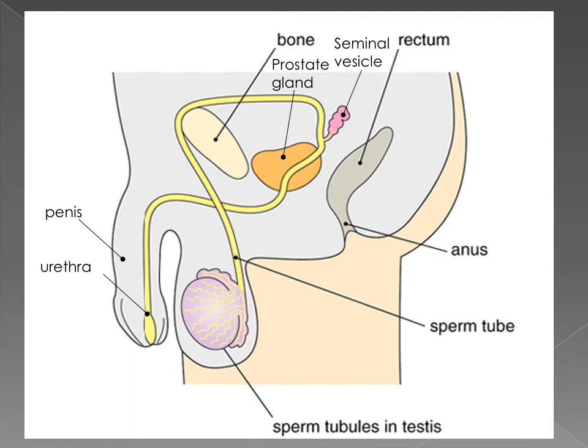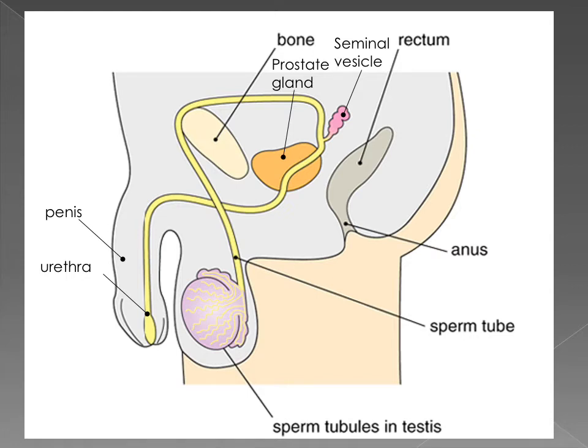The sperms, upon ejaculation, will move out through this yellow long path, this tube, we're going to call it the sperm tube, where sperms are released. And because they are not able to swim yet, because there is no liquid around them, they will move out by peristalsis.